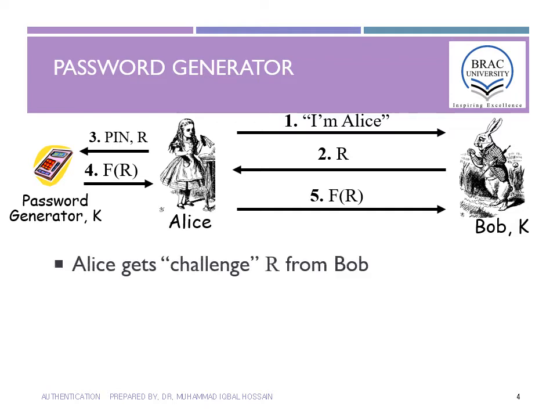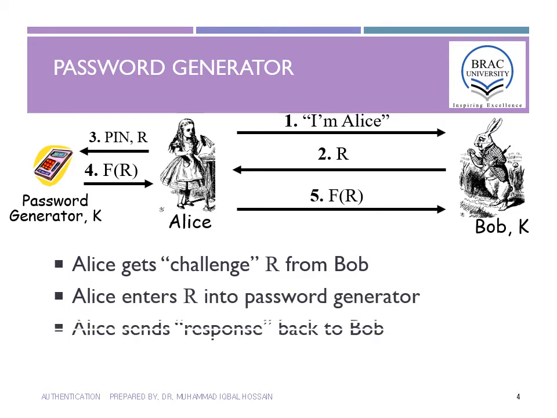So Bob sends R to Alice. This is like a challenge, like "prove it." This is R. It means you have to use your password generator and send me the value.